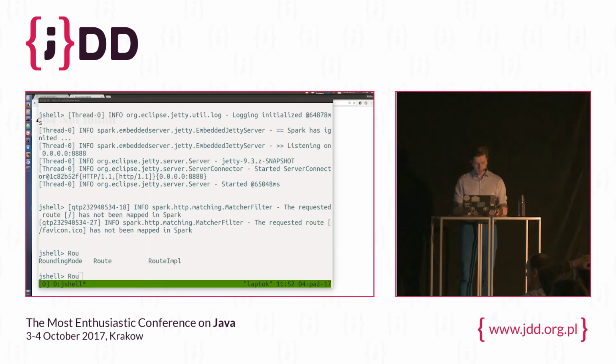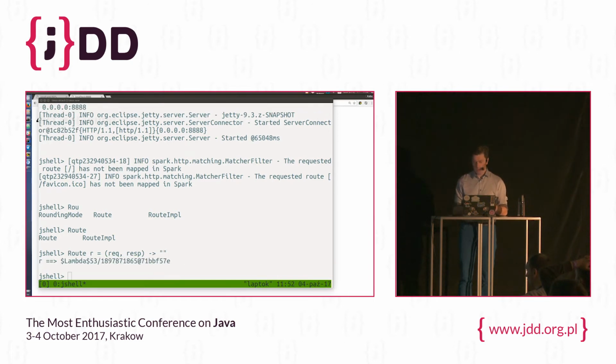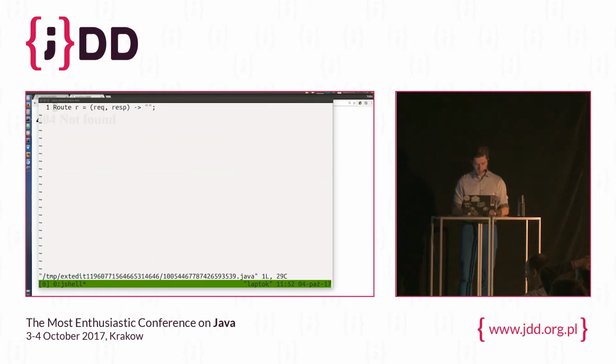Spark Java has the concept of a route, which takes a request and response and does something with the response. So I can define it and I can edit it. I will edit this route. As you can see, it's done interactively.